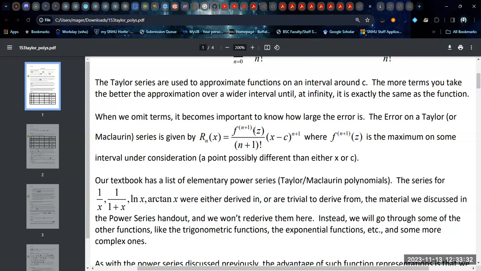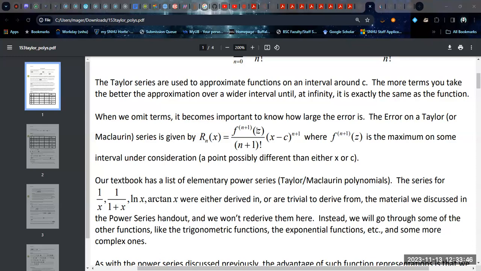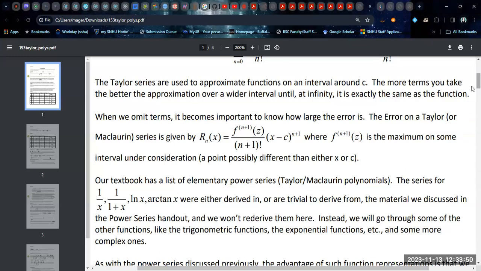So you're going to have to specify how far away from the center you're making this estimate. In some functions, there will be a maximum over the whole function, like sine and cosine. But in other kinds of functions, you will need to specify an interval on which you're interested in estimating the error. We're going to look at an example of this in a bit.